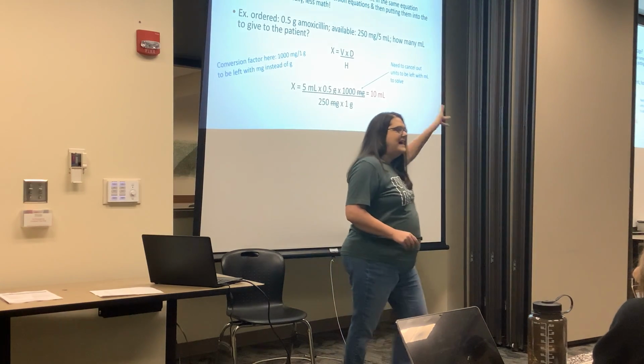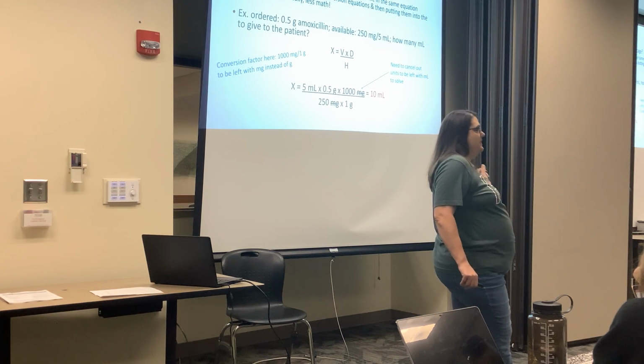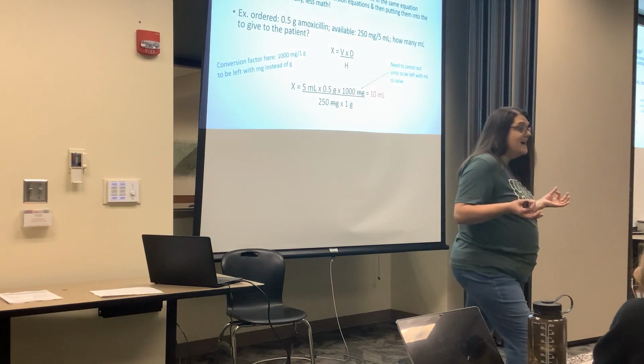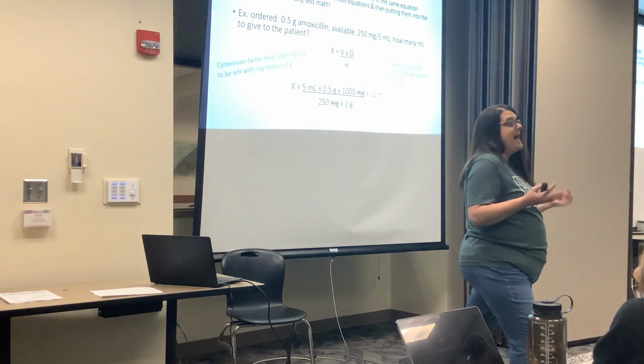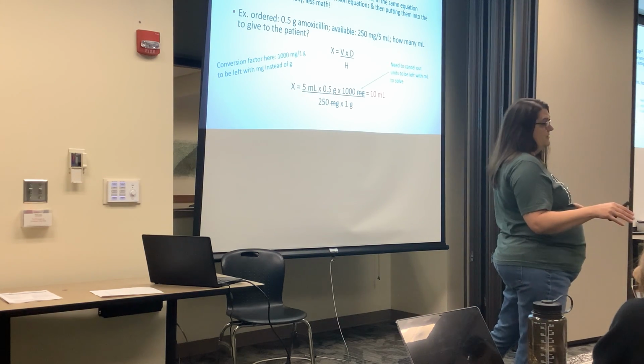That's where this comes in. And when we do pediatric, because we're going to move into pediatric calculations, a lot of times they'll give you the weight of a child in pounds. And in order to do drug dosage calculation, you've got to flip that to kilograms.